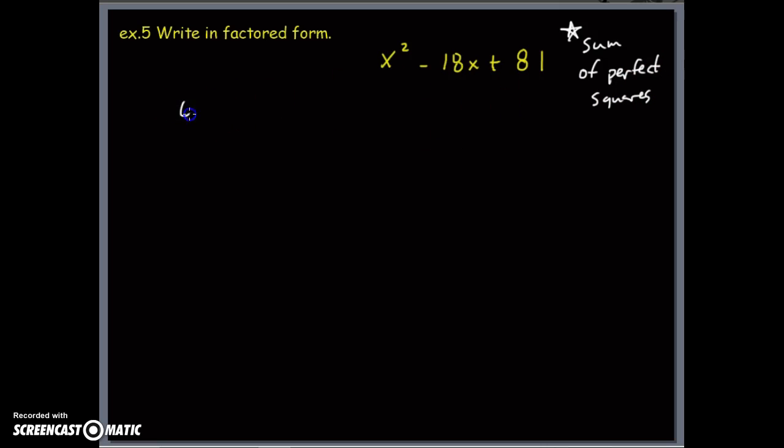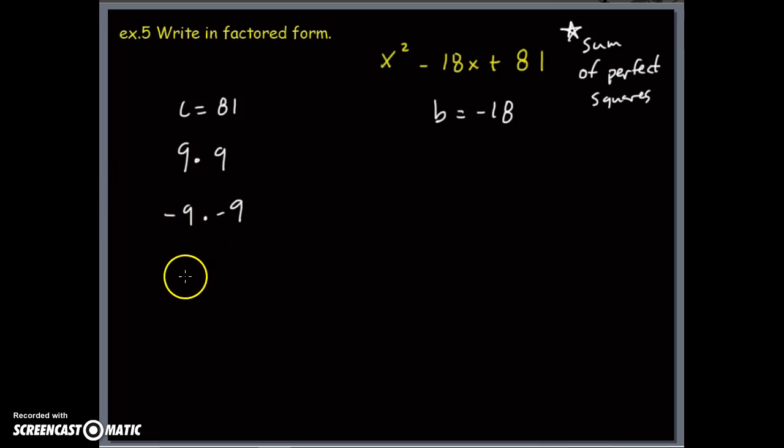So our C here is 81, and our B equals a negative 18. Factors that multiply to give us a positive 81 are 9 times 9, negative 9 times a negative 9, and let's go with those for now.